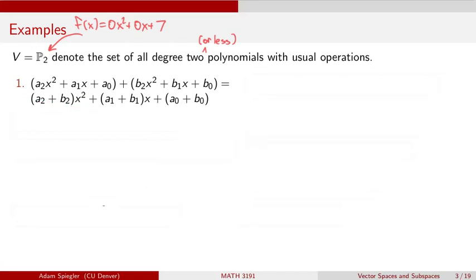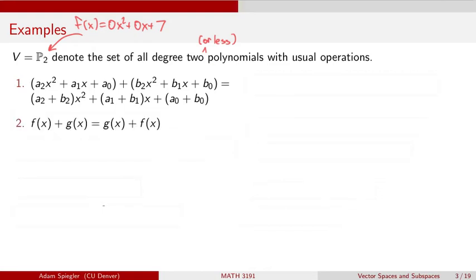I would add the linear coefficients, so I have (a1 plus b1) times x. And then I would add the constant terms to give me a0 plus b0. And what's left over is something that looks like some constant times x squared plus some coefficient times x plus some constant term. So this is closed under addition. When I add two degree 2 polynomials, I get something that is going to have at most degree 2.